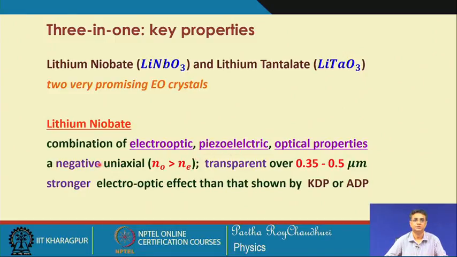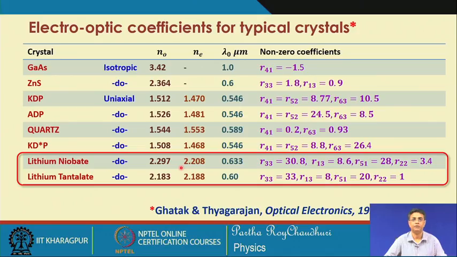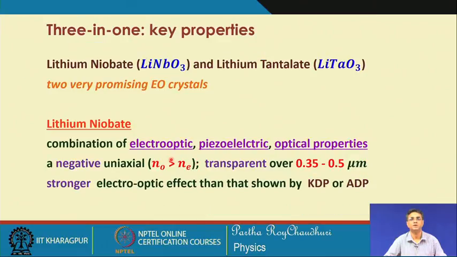It is a naturally negative uniaxial crystal, where the ordinary refractive index is more than the extraordinary refractive index. You may like to refer to this table. The ordinary value is more than the extraordinary value, so it is a negative crystal.